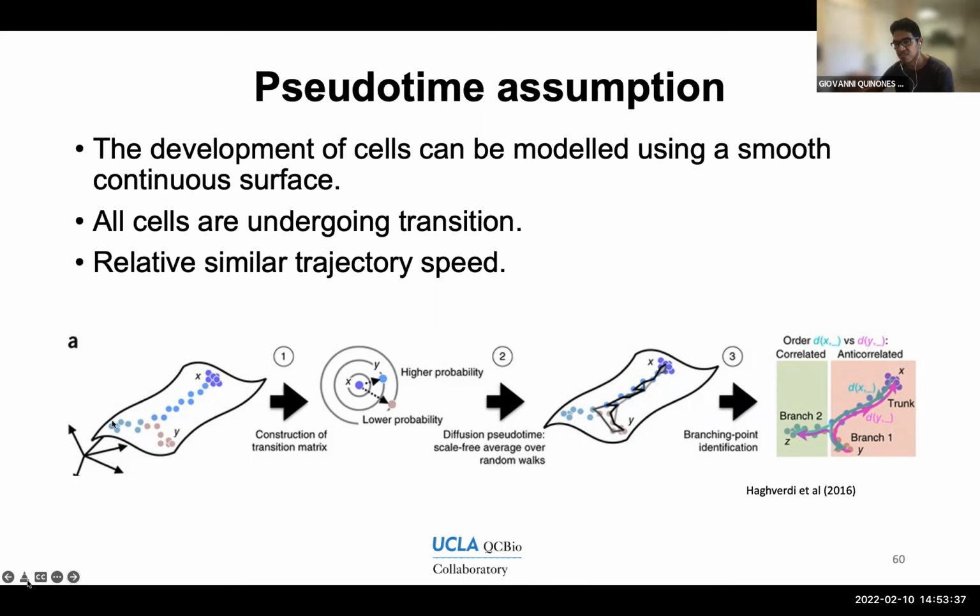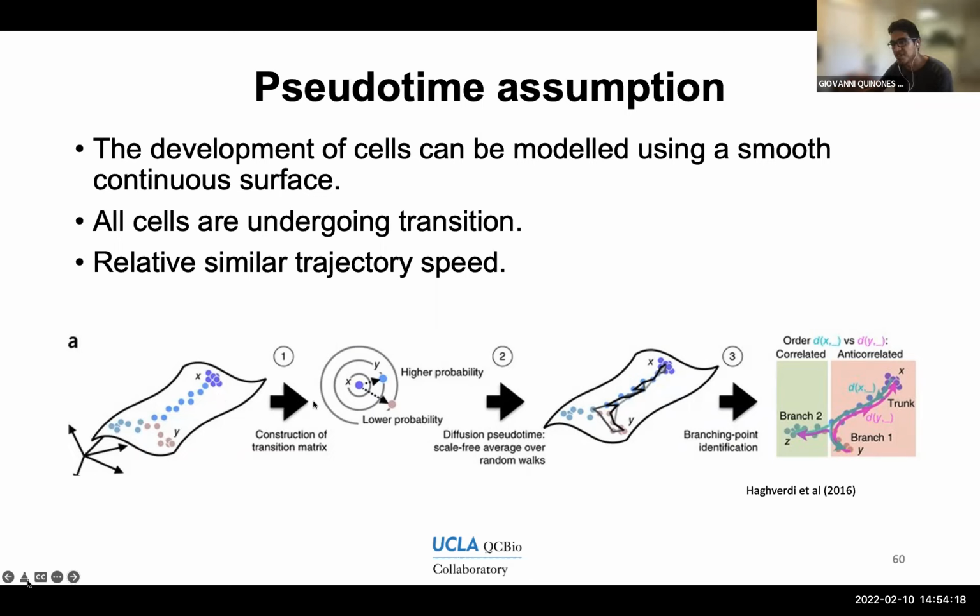These methods are just trying to find the axes by which you can best represent the original data in fewer dimensions. Pseudo-time, on the other hand, is trying to find the manifold, or the topology, the structure in this high-dimensional space that shows a trajectory of the evolution of the transition of this cellular differentiation.